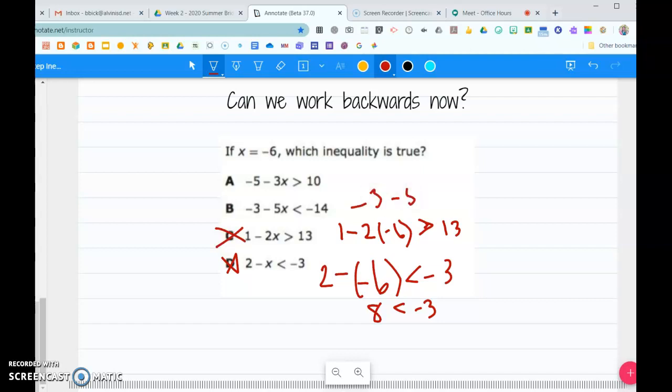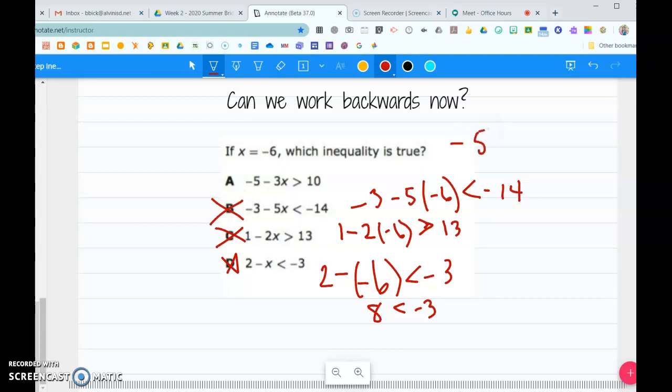Negative 3 minus 5 times negative 6 is less than negative 14. Okay, negative 5 times negative 6 is positive 30, sorry. Minus 3 is 27. Is 27 less than negative 14? No, it is not. Last one.